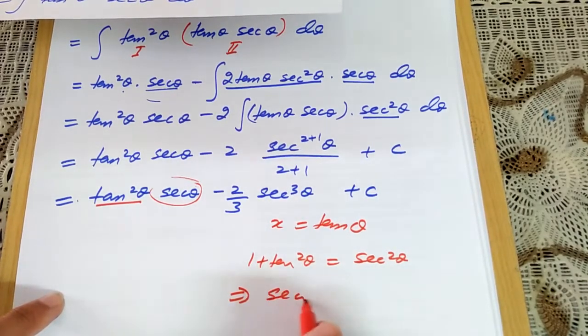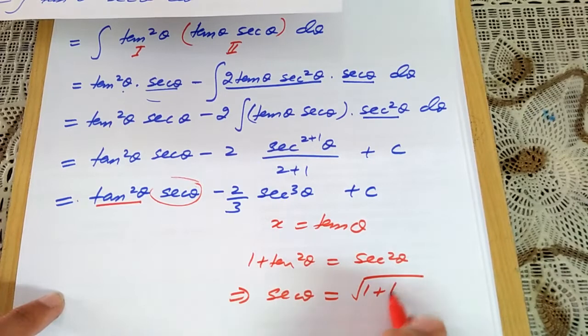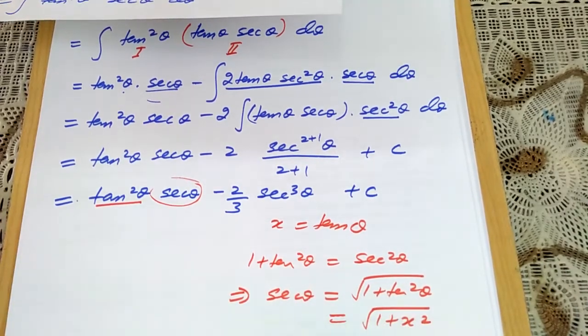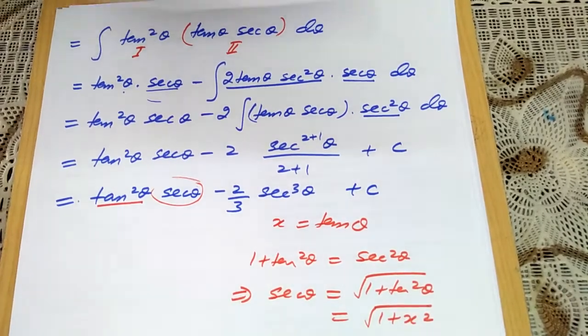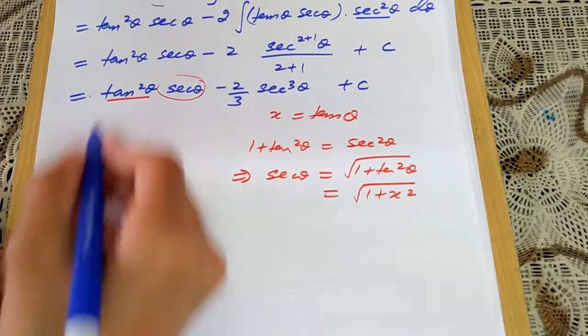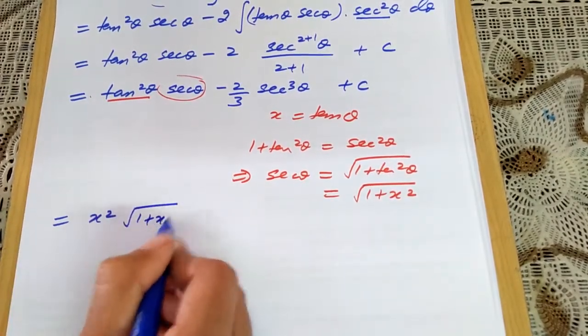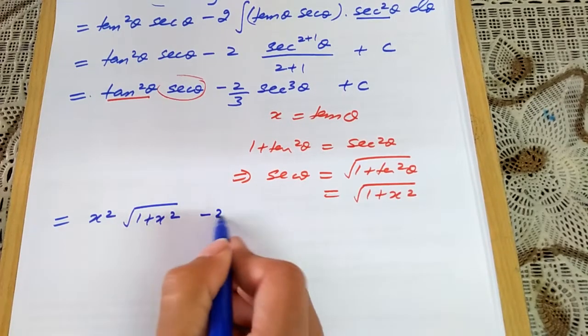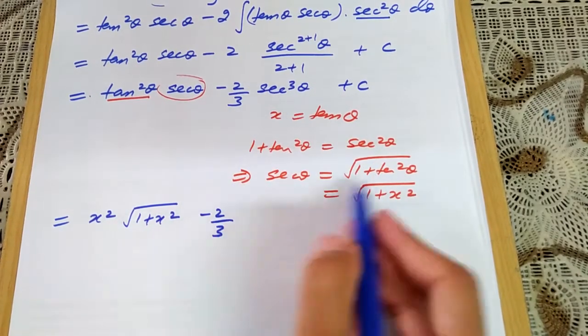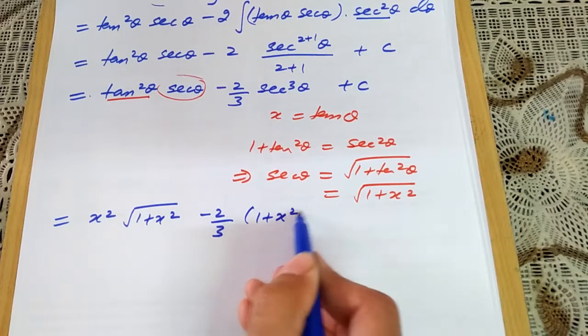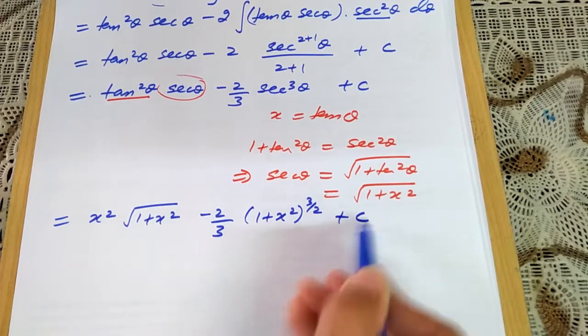This means secant theta is equal to the square root of 1 plus tangent square of theta, that is the square root of 1 plus x square. Substitute the values here. We will get tangent square of theta will be x square and secant theta is square root of 1 plus x square, minus 2 over 3 secant cube of theta will be 1 plus x square raised to power 3 by 2, plus constant of integration here.